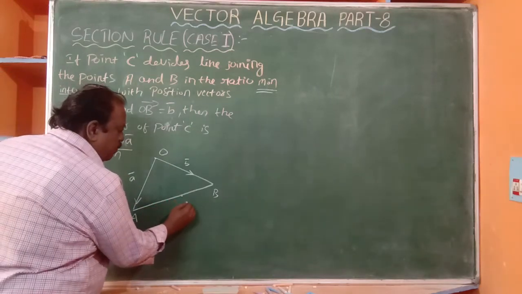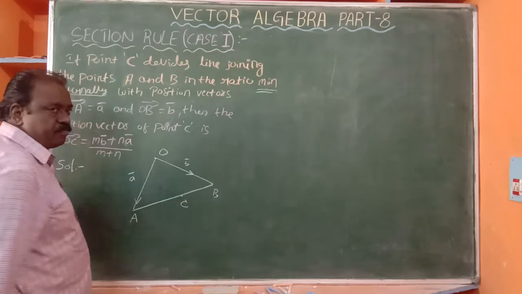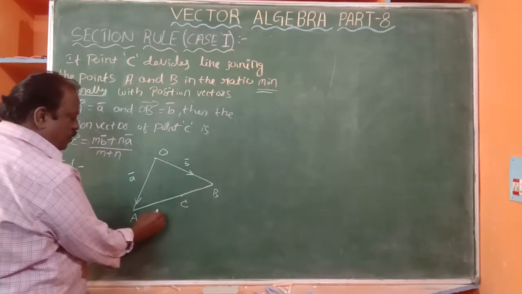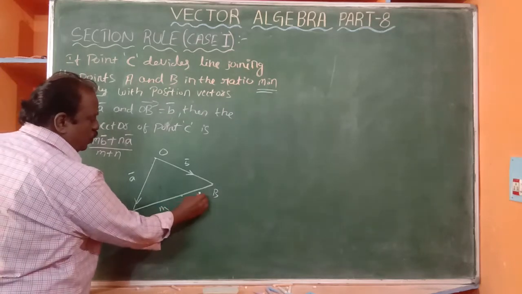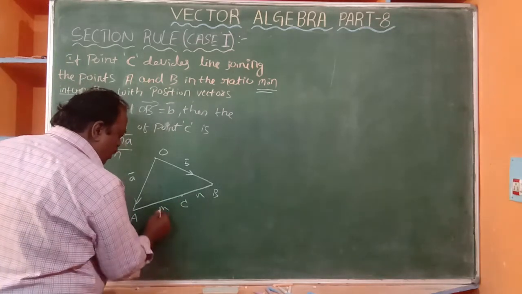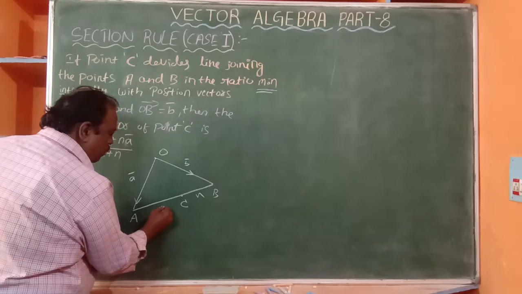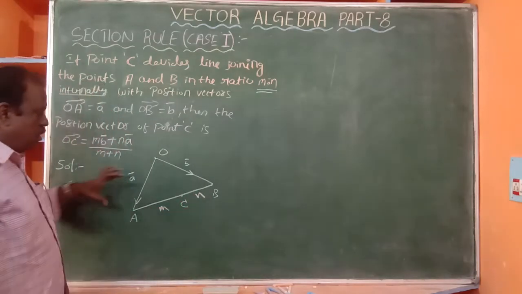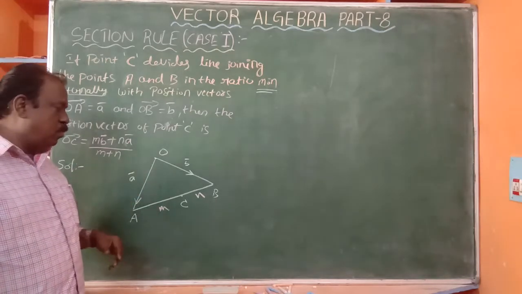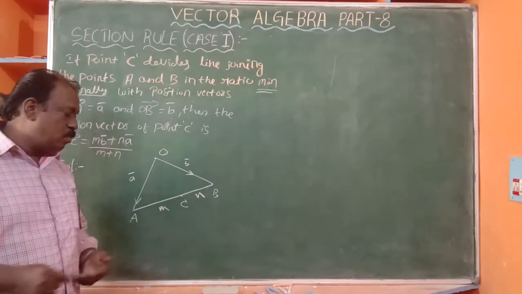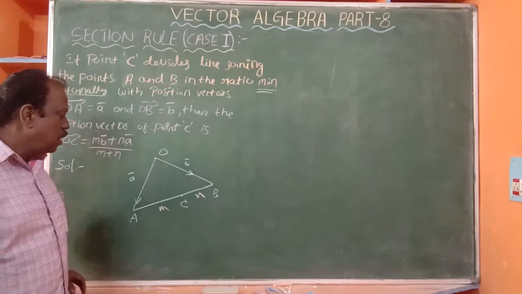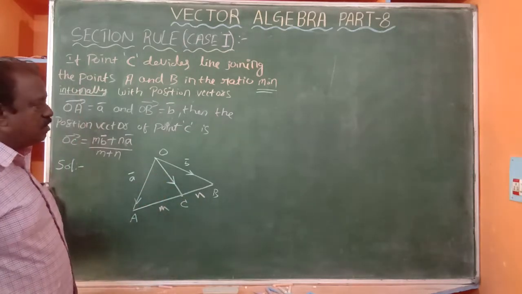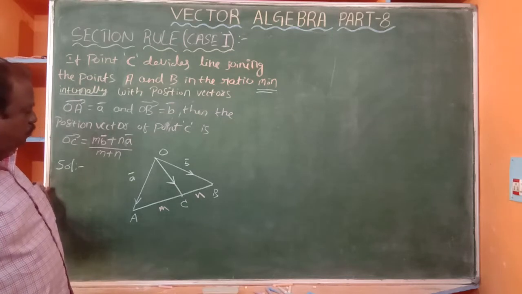This is divided by a new point C. C is a new point that divides AB in the ratio m is to n. What is m is to n? That means AC distance m units you assume, BC distance n units you assume. Now, what is OC bar? We are asked to find OC bar.